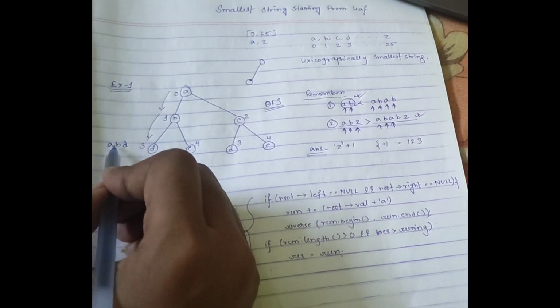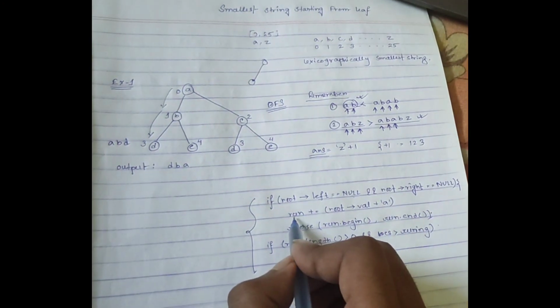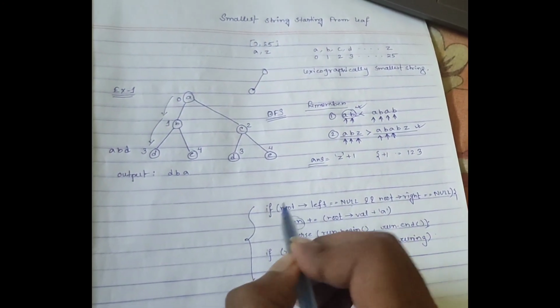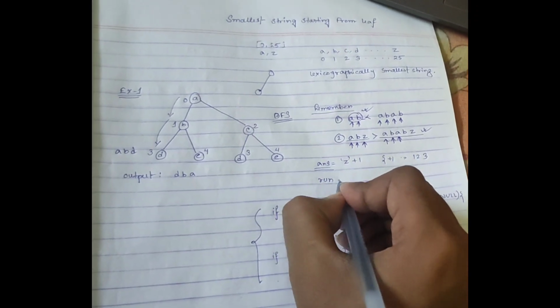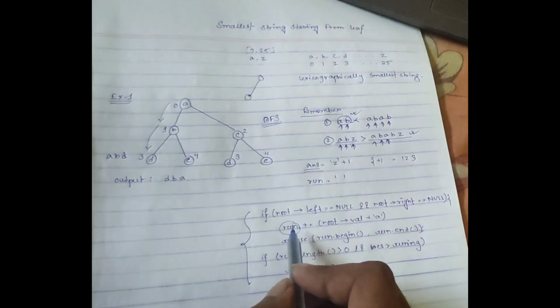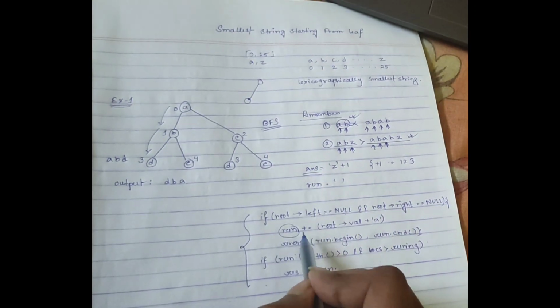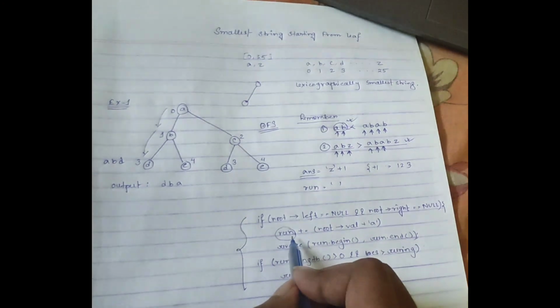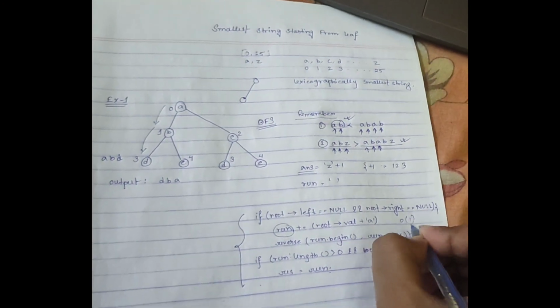Now, ABD, we just push back into an empty string. We are also declaring an empty string. In C++, you can push it using plus equals, and push_back is the same. That's why the time complexity is O of 1 in C++.